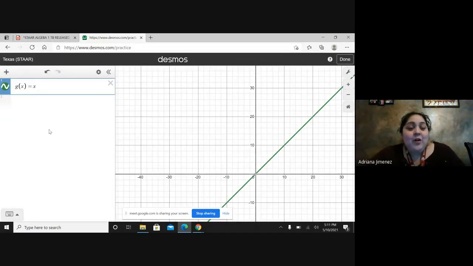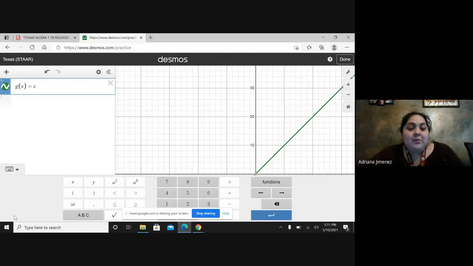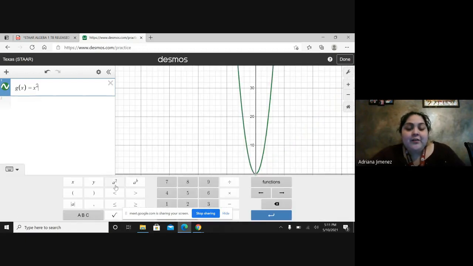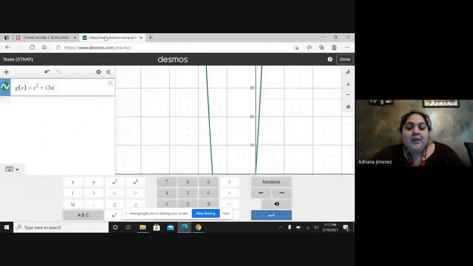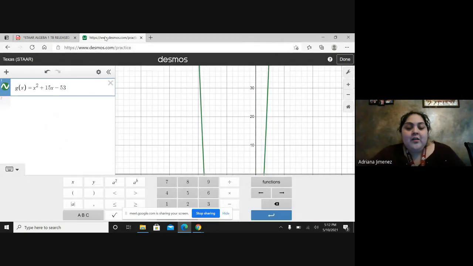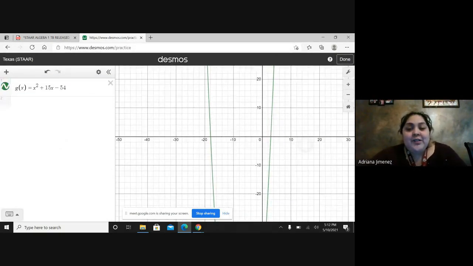To get the squared part, you can use the keyboard and touch squared, plus 15x minus 54. What I want to do now is type in the answer choices that I have, and I'm looking for one that matches. That means it graphs right on top of the green.